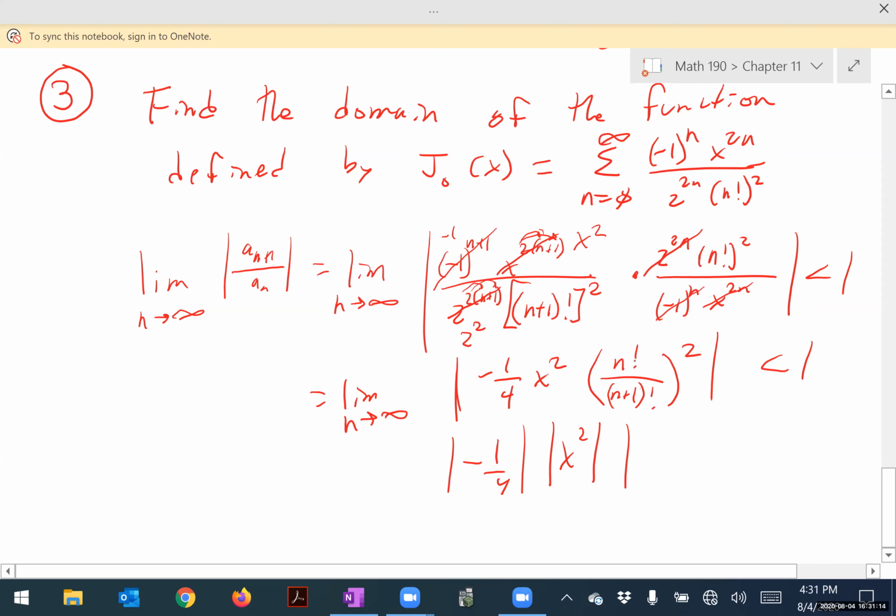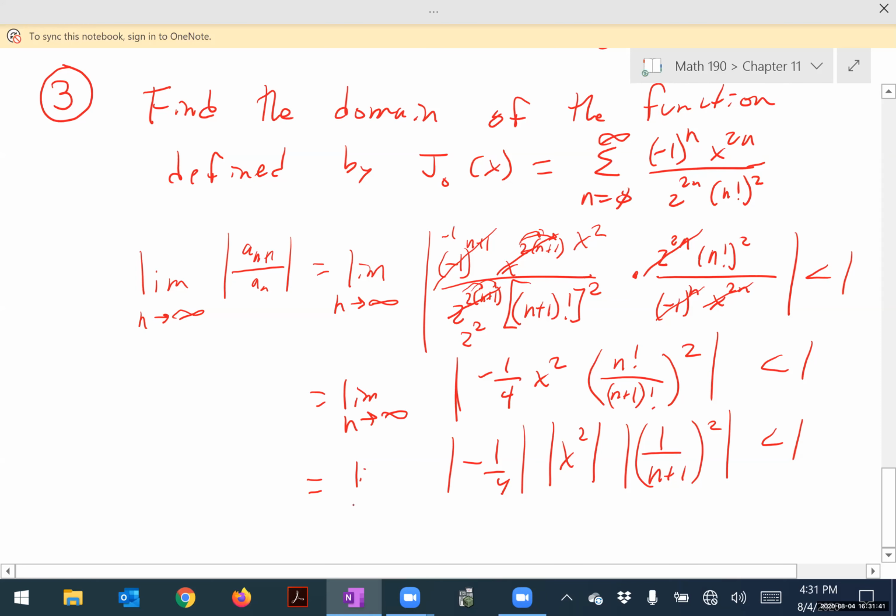Well, what's n factorial over (n plus 1) factorial? Isn't that just 1 over n plus 1? So everything else cancels out, right? And that would be squared, right? This whole thing's squared, which is going to get rid of the absolute value as well. Okay, so it is less than 1.